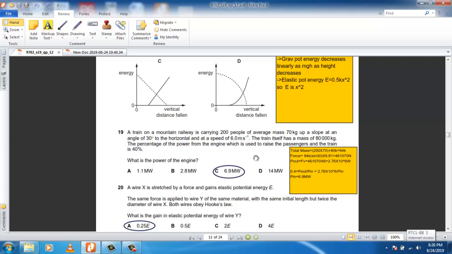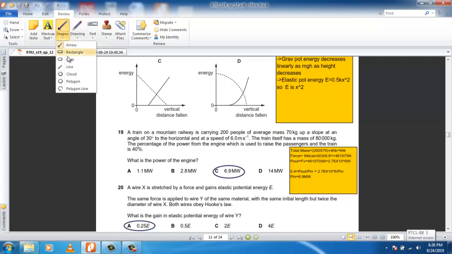For questions like this, you have to just calculate the total mass, the mass of the passengers and the mass of the train. There are 200 passengers, each of mass 70 kg. So 200 into 70 plus 80,000 kg, the mass of the train. Next, you have to use F equals mg to find the force, and the force is on a slope.